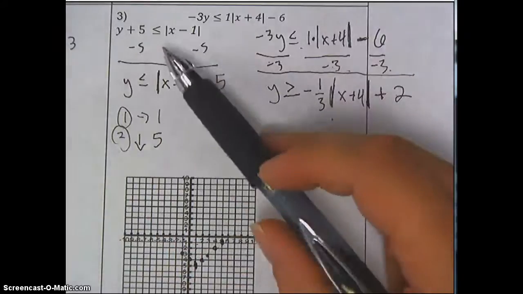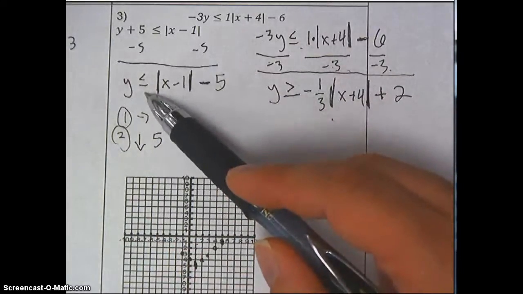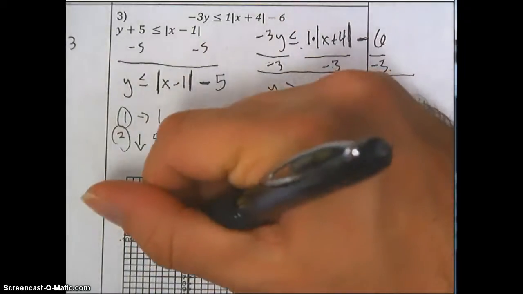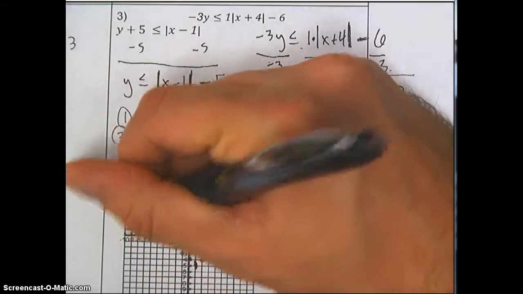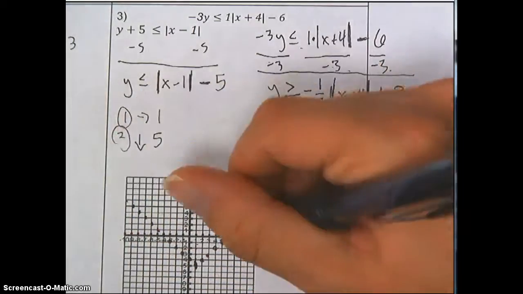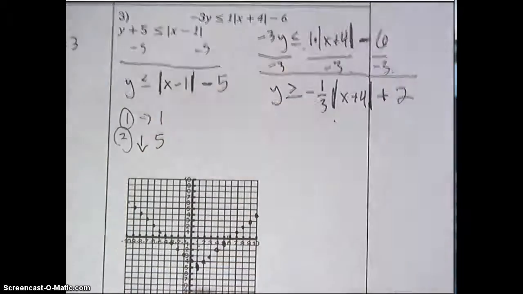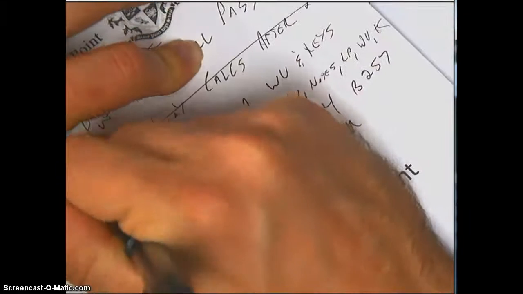You need to ask yourself, is this a solid or dotted line? Well, see the or equal to right there? That's a solid line. So I'm just putting some dots here, make sure that my line's nice and straight. And I recommend you use a straight edge. That's what I'm going to do. I'm going to use a straight edge here to make sure this line comes out nice and straight.